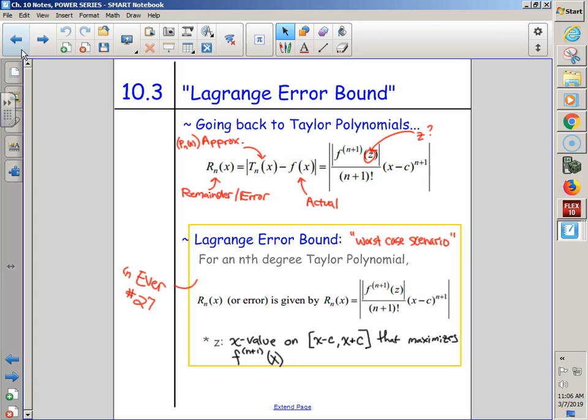Now, hold on, pause. What interval did I write on Friday? I was measuring from the center, x plus c, x minus c. Now, hold on, wait a minute. Is c being added and subtracted from x? No, what's c? The center.